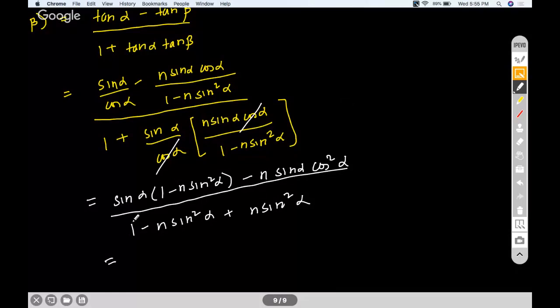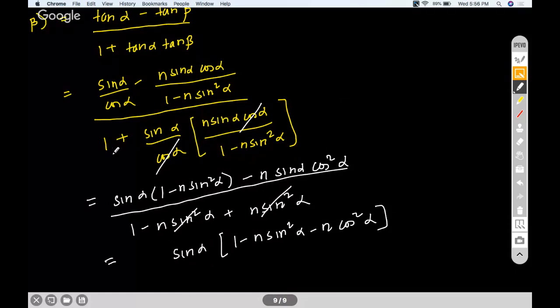Now, this term gets cancelled with this, and I can take a sine alpha common. Okay. I get 1 minus n sine square alpha minus n cos square alpha.